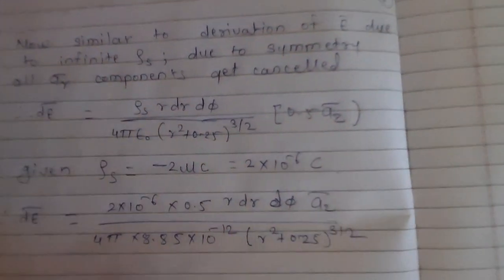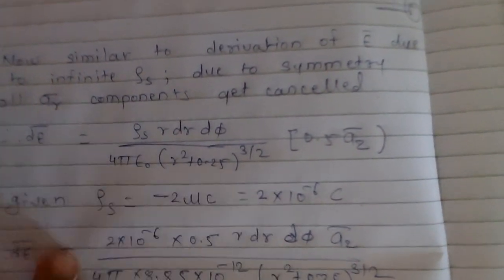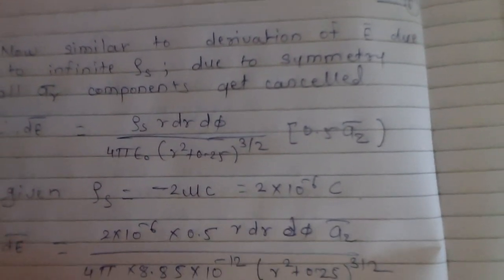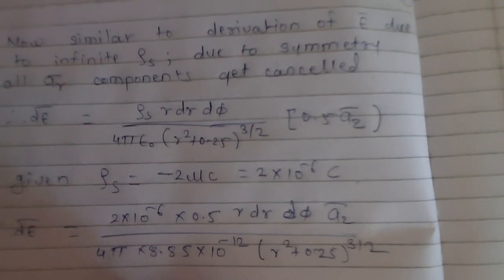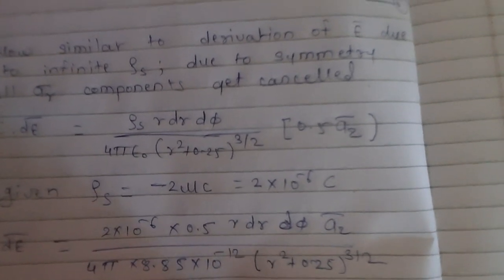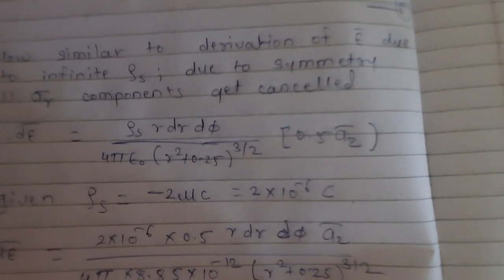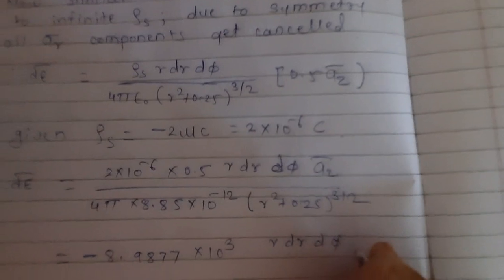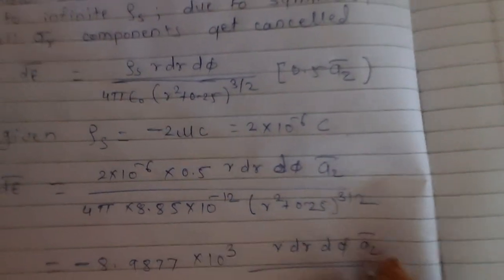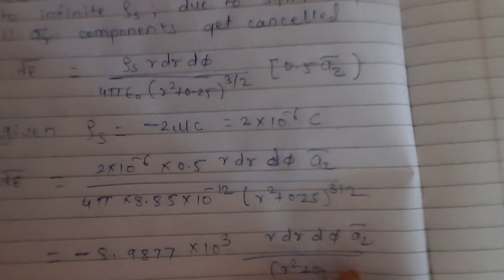So by solving this part we get the answer minus 8.9877 into 10 raised to 3 r dr d phi az bar divided by r square plus 0.25 to 3 by 2.